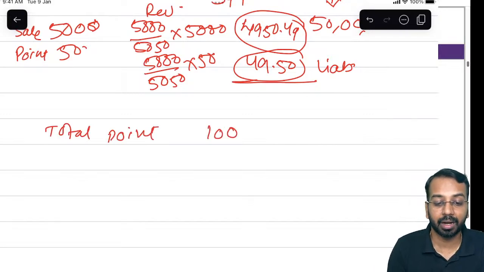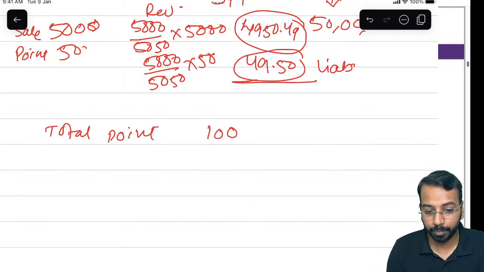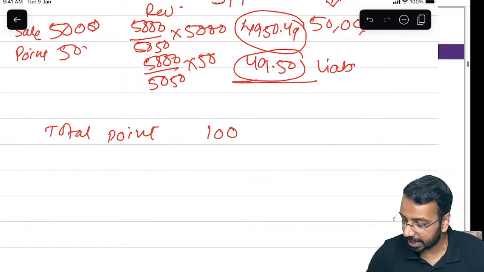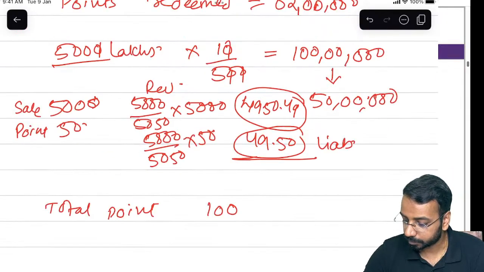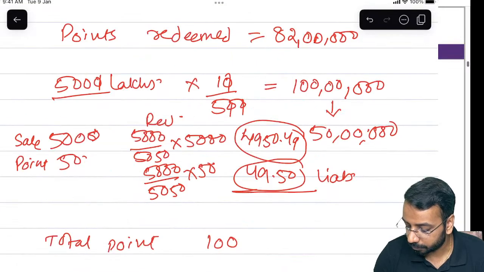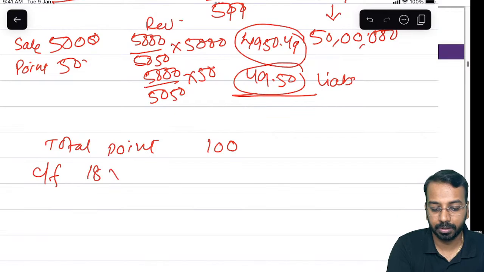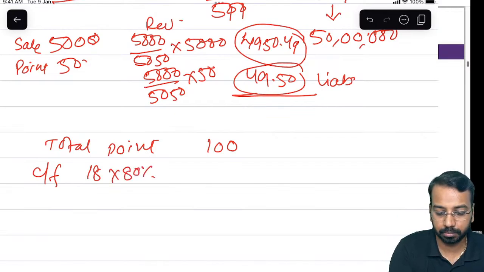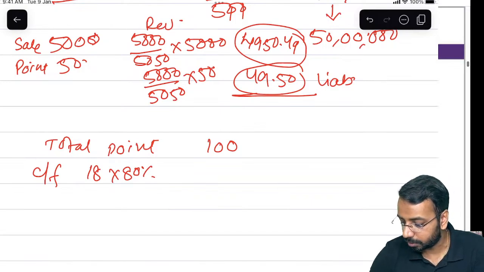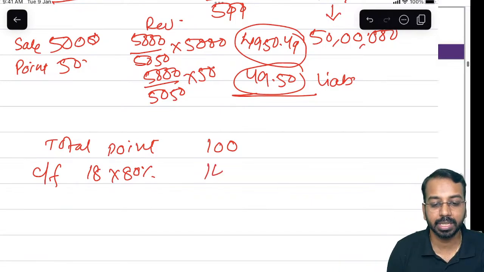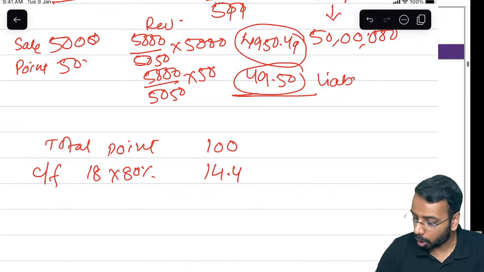Now out of 100 lakhs, how much is carry forward? Carry forward is 18 lakhs into 80%, which is 14.4. So how much is left?